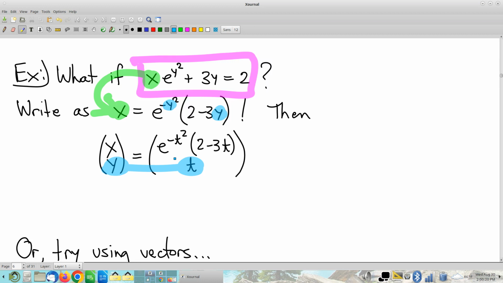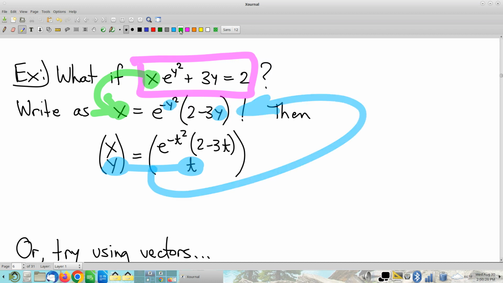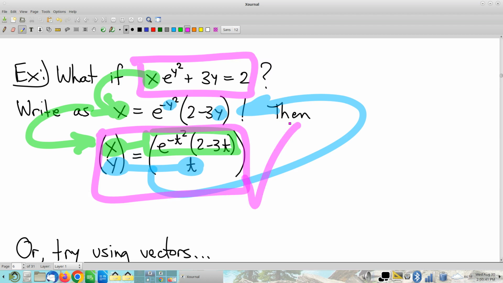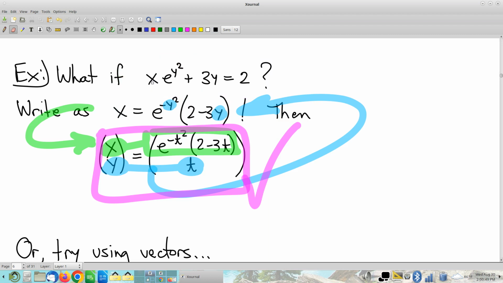T, therefore, is the formula for y. And if y is t, then unavoidably x has to be all of this stuff right there. And again, we win. We have ourselves now a parametrization of that original curve. How are we doing? Anybody happy? All right. Cool. All right, next one.